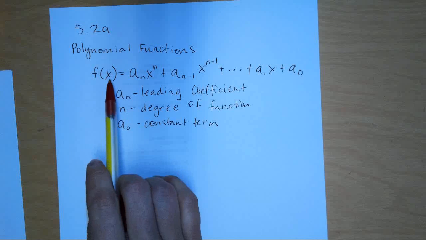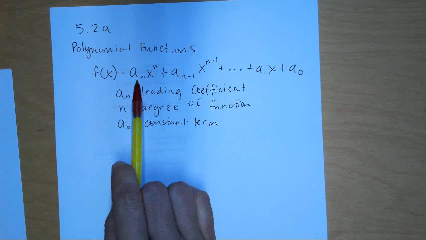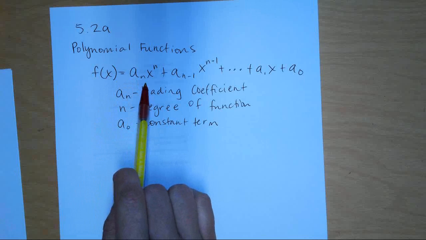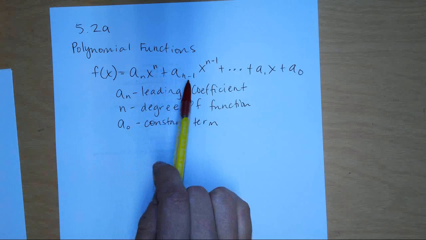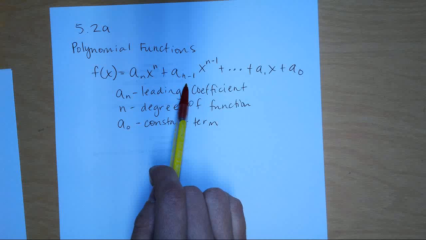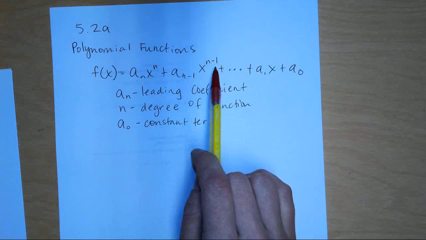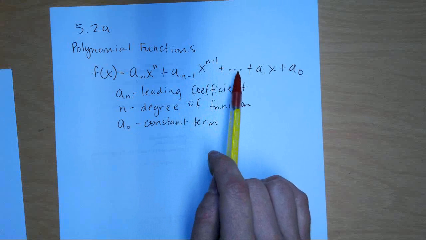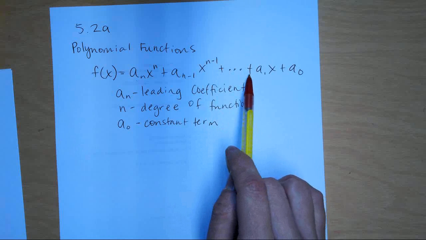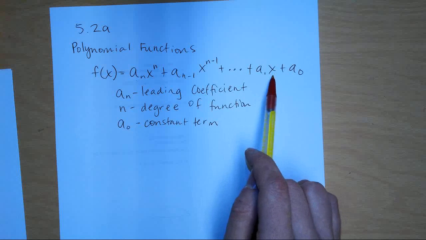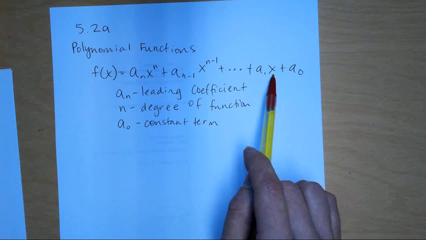F of x equals a sub n, that means subscript n, x to the n plus a sub n minus 1 times x to the n minus 1 plus dot dot dot. That means this pattern continues where the dots are. Plus a sub 1 x, this is understood to be to the 1, plus a sub 0.